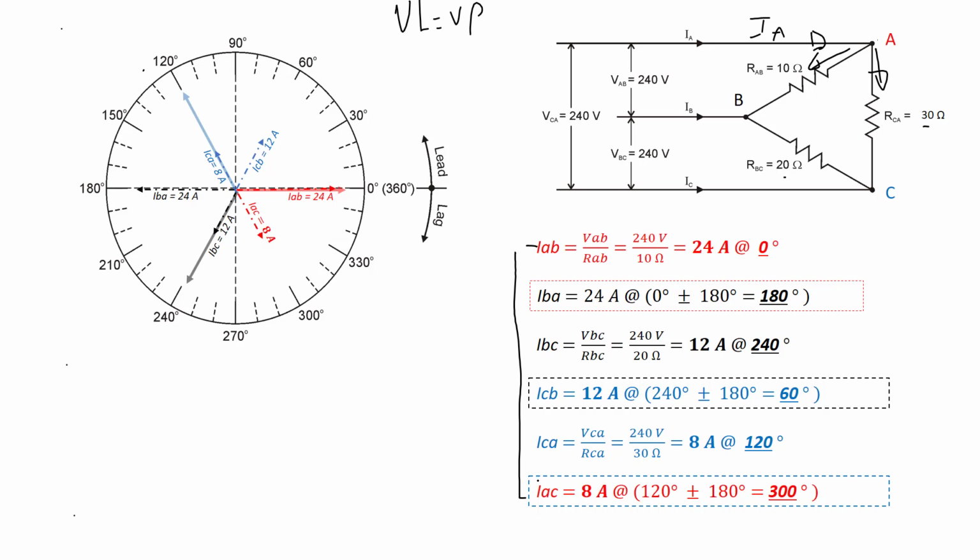If I want to calculate IB, current comes into here and it splits, and I have to get current B to A plus B to C. If I want to calculate line current C, current comes in here, splits, and goes from IC to B and IC to A. You see these two, when we add those together, form IB.